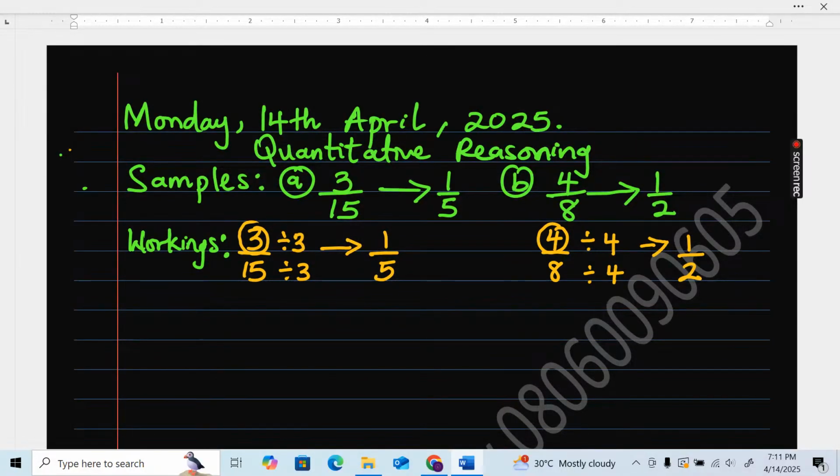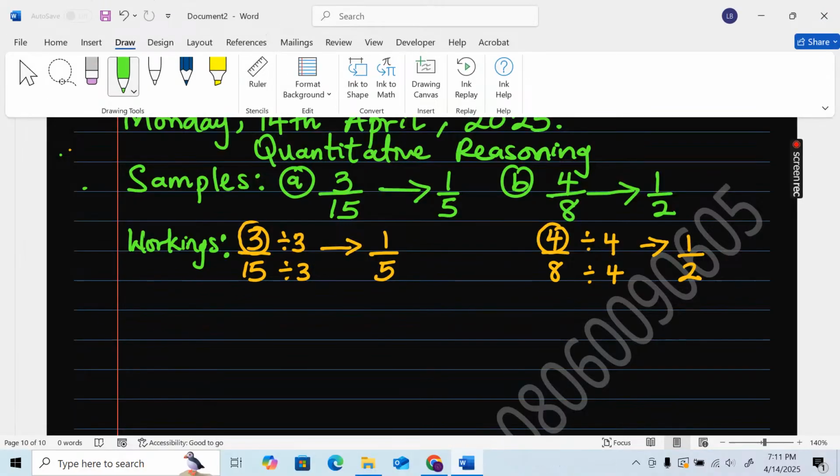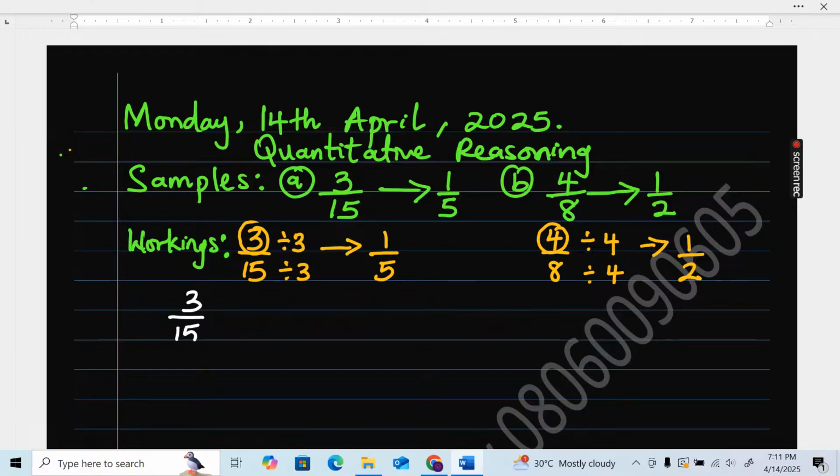Like I said, you have to divide the fraction by the numerator of the fraction. Except you don't know what we call numerator, all right? In a fraction, if you have 3 over 15, the number that is above is called numerator, and the number that is below is called the denominator.